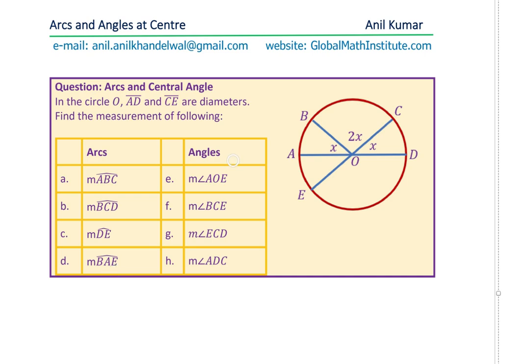As far as angles are concerned, we need to find the measurement of angle AOE, measurement of angle BCE, measurement of angle ECD, and measurement of angle ADC. The diagram is given to you. You can pause the video, answer this question, and then look into my suggestions.